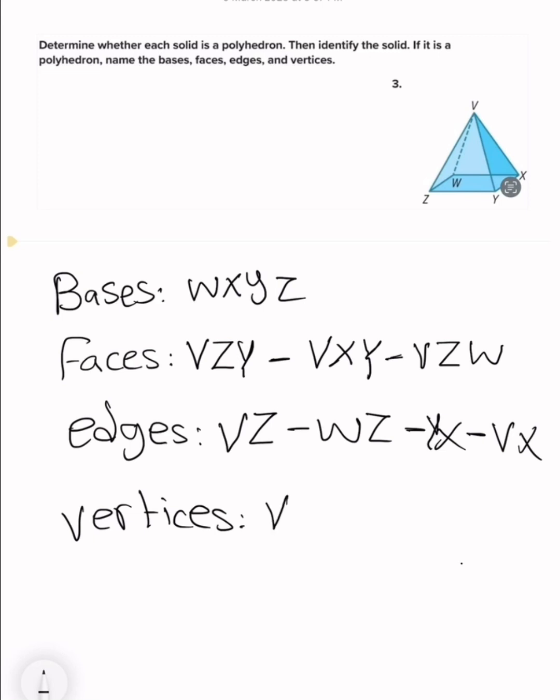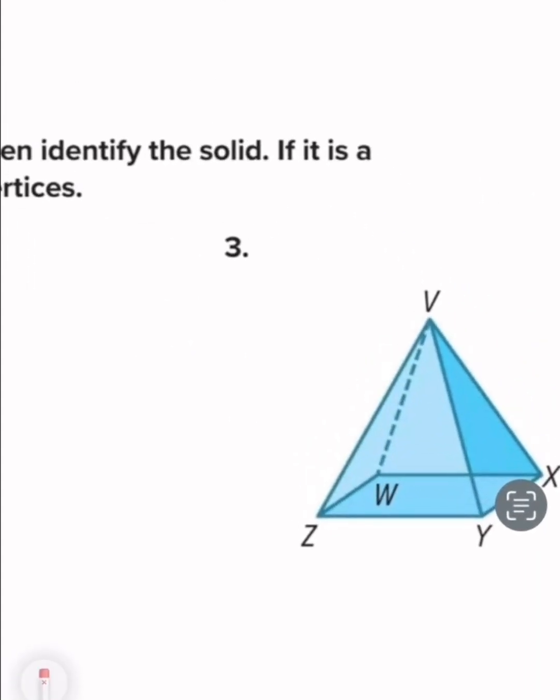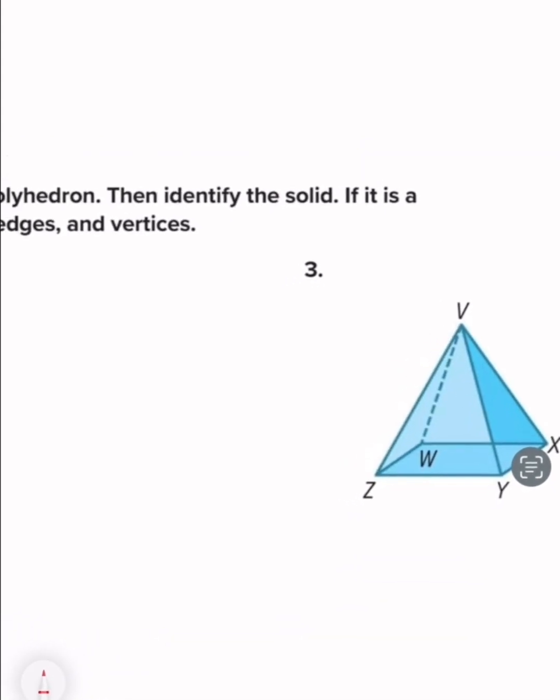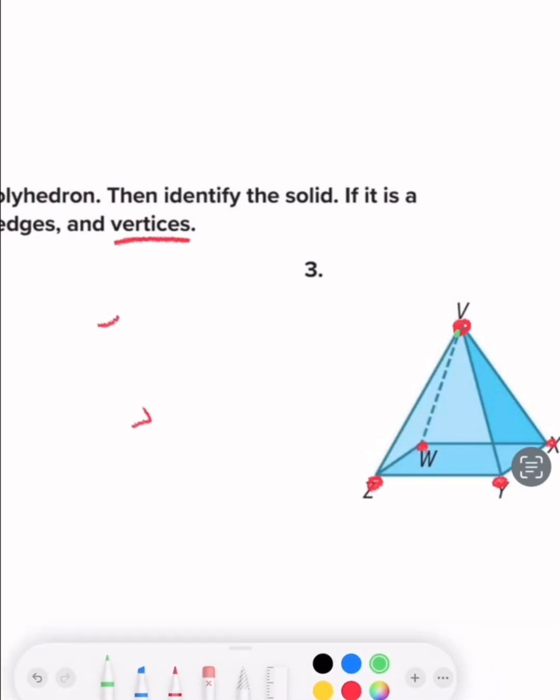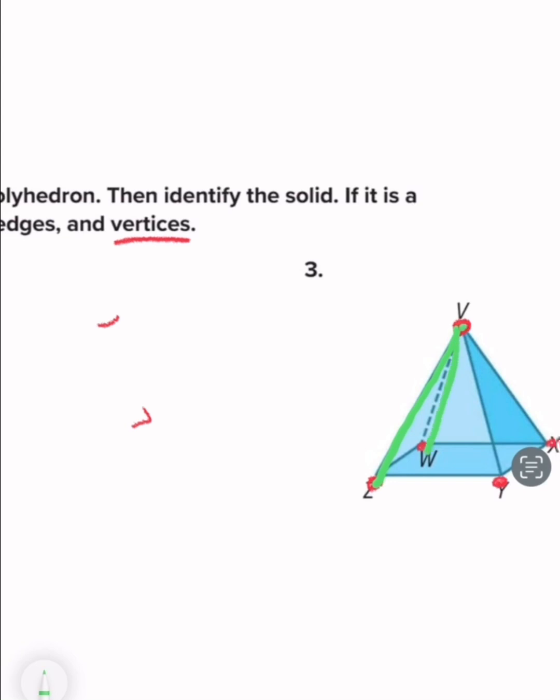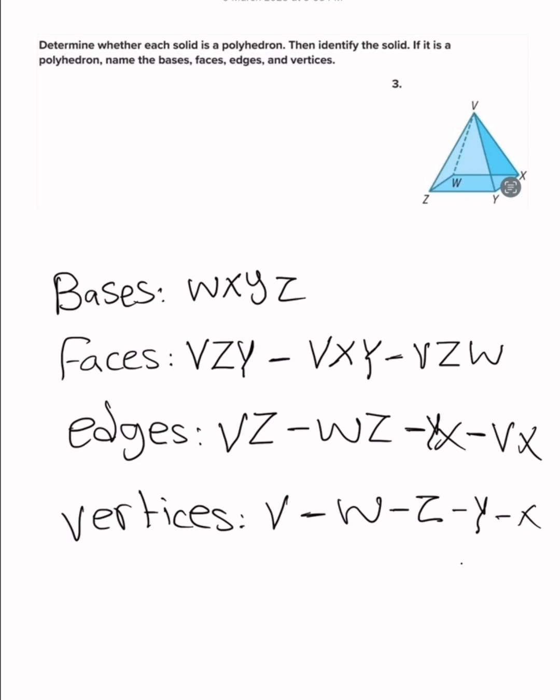You will write them all, or W, or Z, or Y, or X. So as you're seeing in the figure, vertices are V, Z, W, Y, and X. And the edges, any two points that make a line, X and V, Y and V, W and Z, Z and Y, anything that makes a line. So like this, we finished this question.